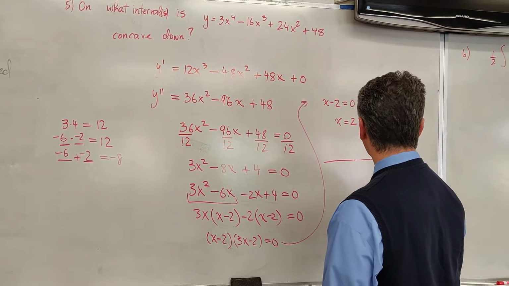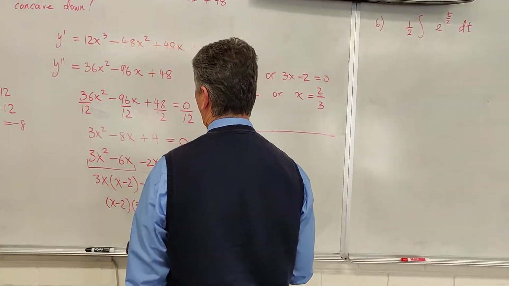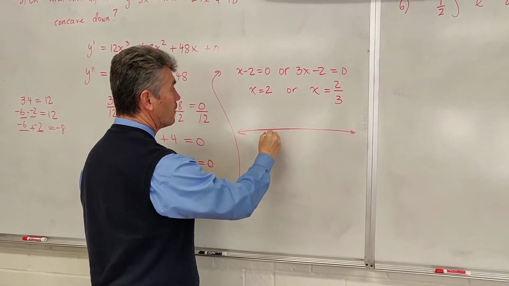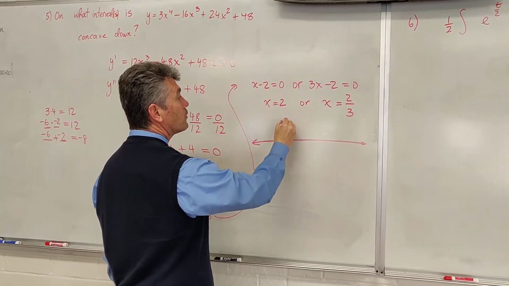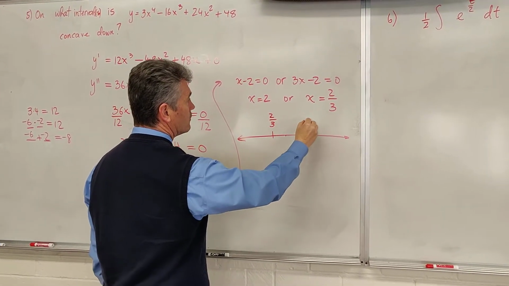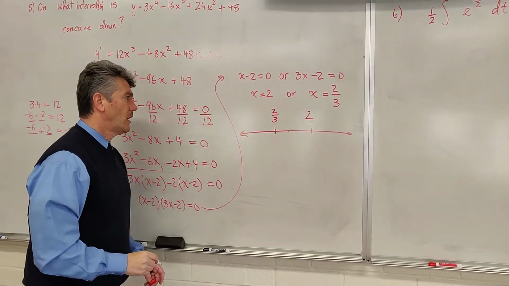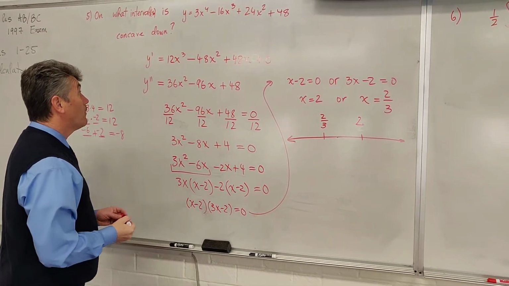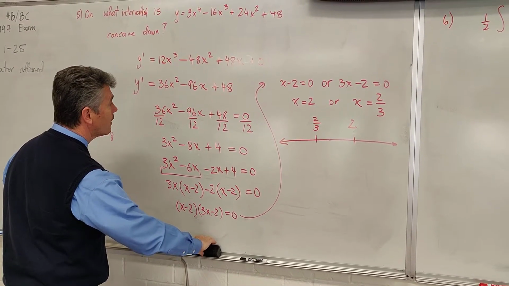We draw our number line. After drawing our number line, we will make a sign graph. We put the number 2/3 and the number 2 on the number line. What you should do right now actually is go back to the original second derivative.